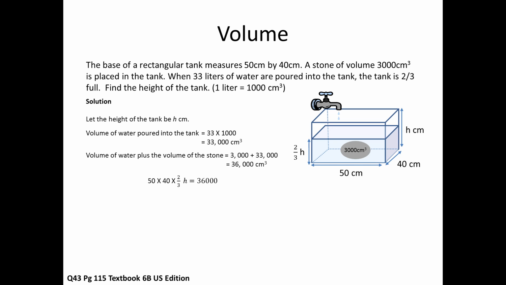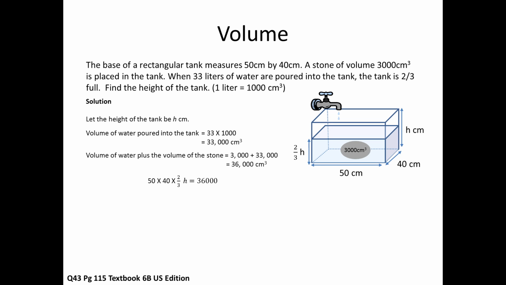Then we now know that 50 times 40 times 2 over 3h is equal to 36,000 cubic centimeters. We want to find h. In other words, we want to bring 50 and 40 from the left-hand side of this equation to the right-hand side, and we want to keep the h on the left-hand side.